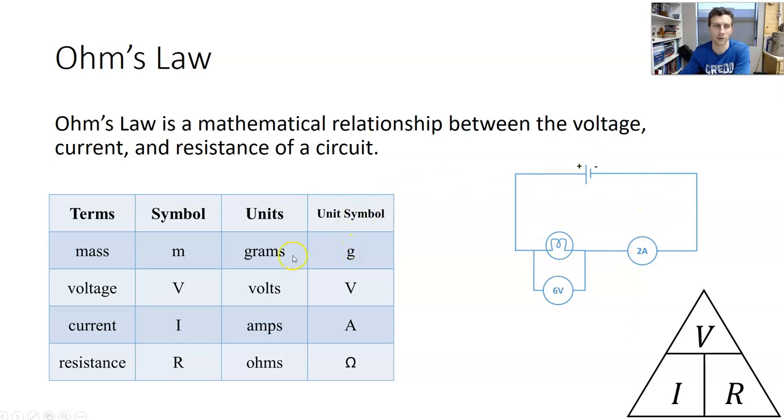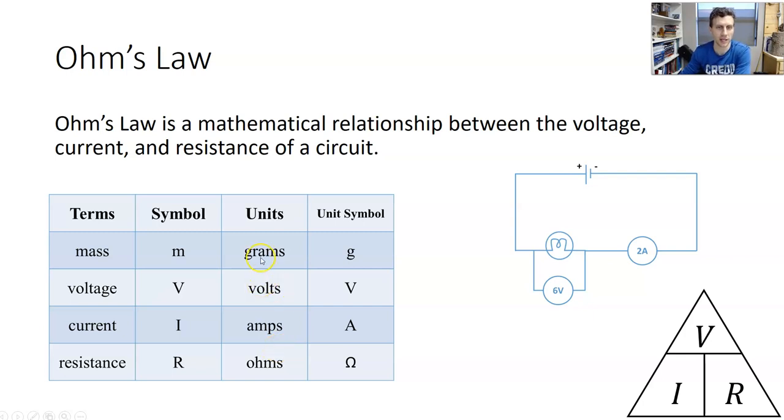Okay, now just like mass is measured in grams, voltage is measured in volts. And current is measured in amps. And resistance is measured in ohms. So these are different units for measuring voltage, current, and resistance.